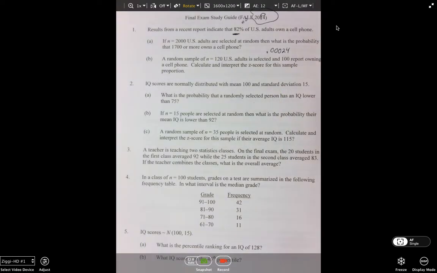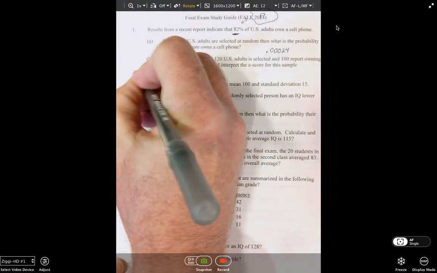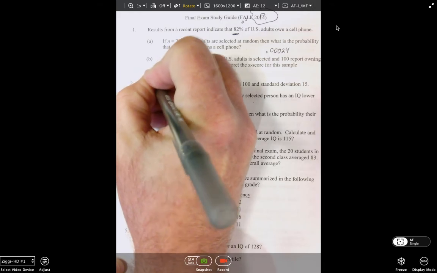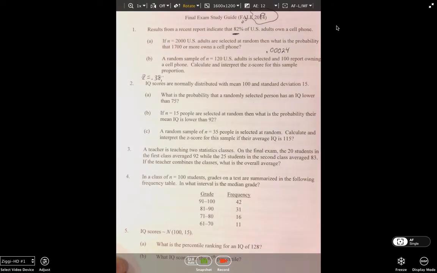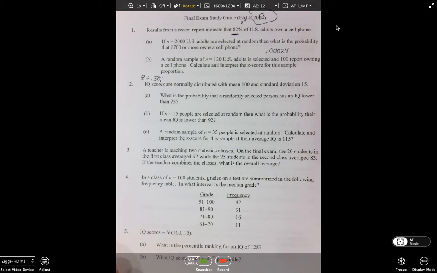So let me remove the calculator. I wish I'd left more room to write here, but I didn't. So guys, there's the calculation. So now we need to interpret.